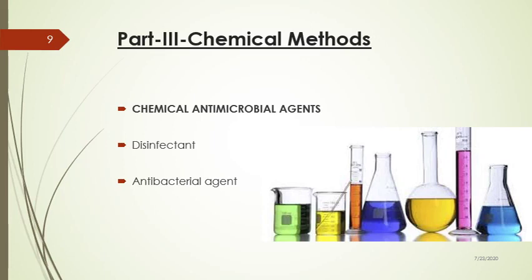Although a chemical must be toxic for infectious agents, it should not be toxic for people or corrosive for common materials. Some chemicals are used despite their low effectiveness because they are relatively non-toxic.